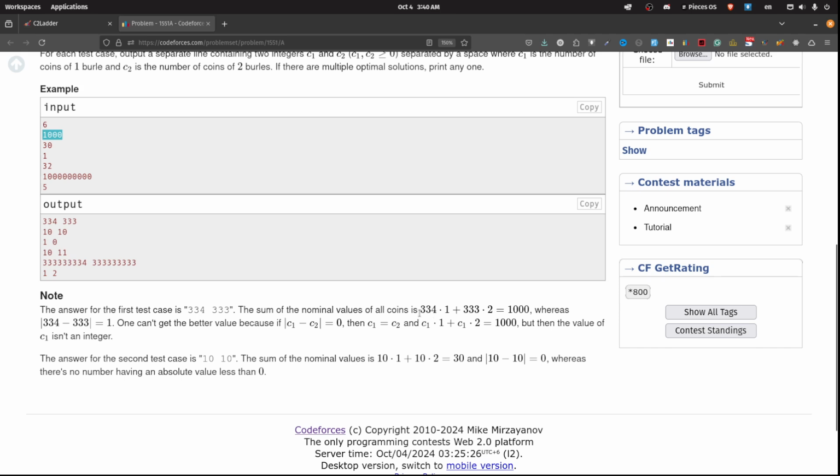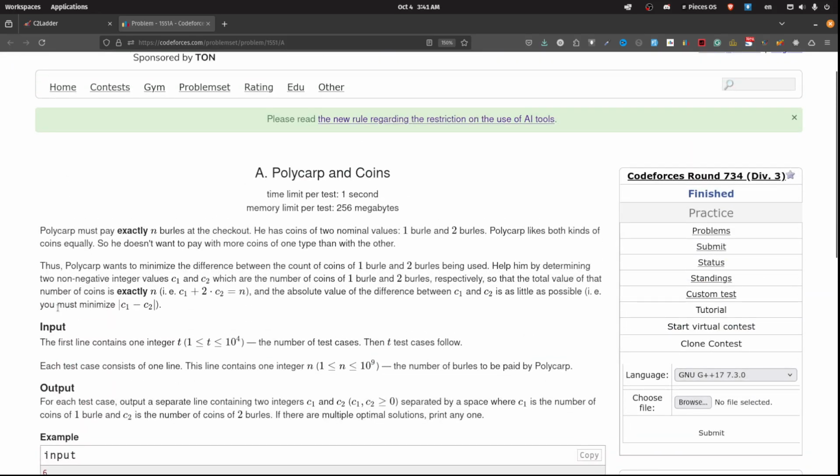If we calculate this, the answer will be 1000, which is the value of n. If we subtract 334 minus 333, the resulting value is 1.